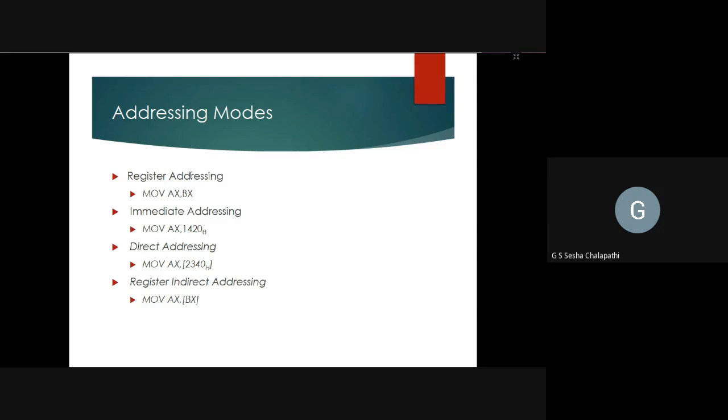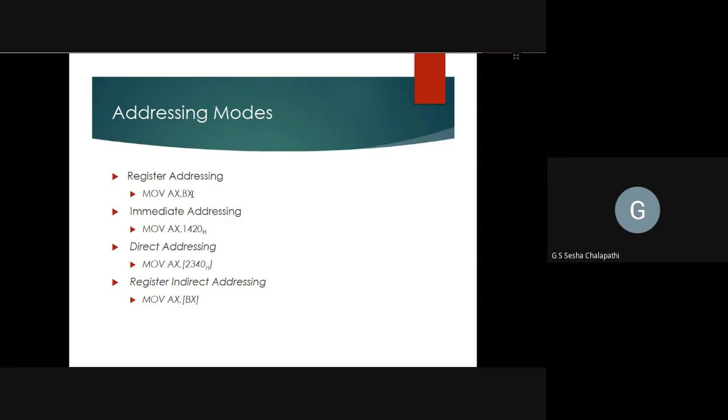For example, if I have the instruction MOV AX, BX, which I have seen before, this is called a register addressing mode. Why is it called a register addressing mode? This is because both the source and the destination are registers.